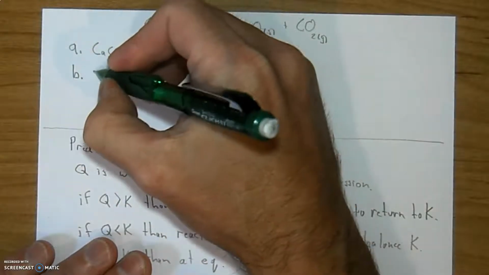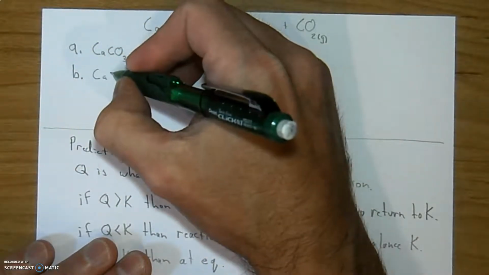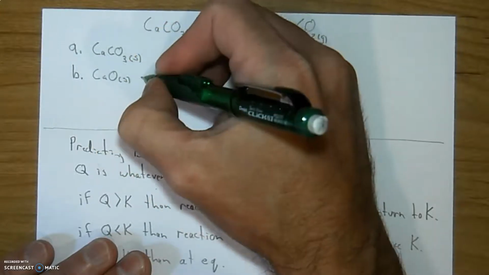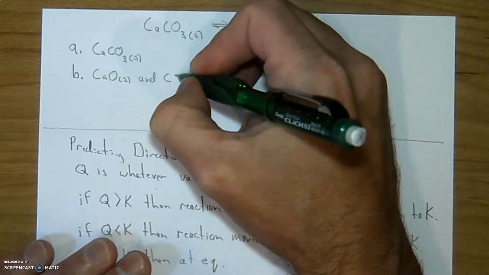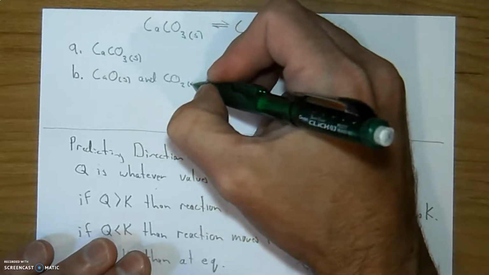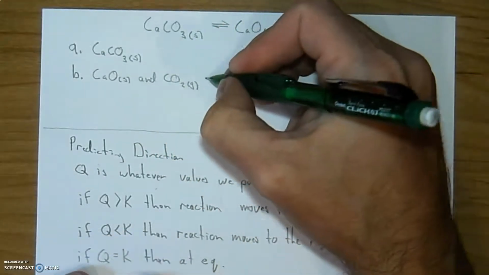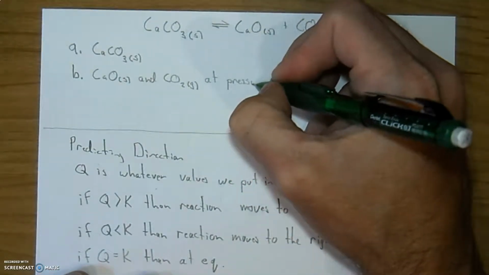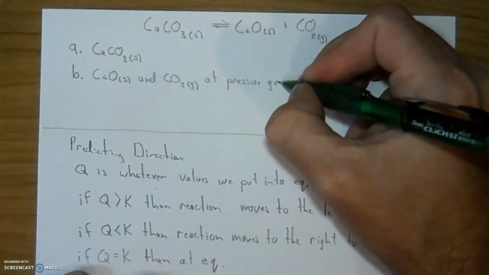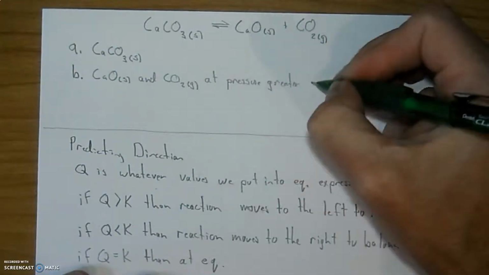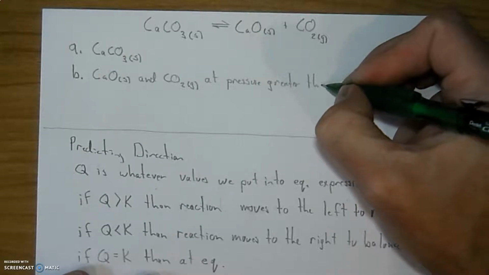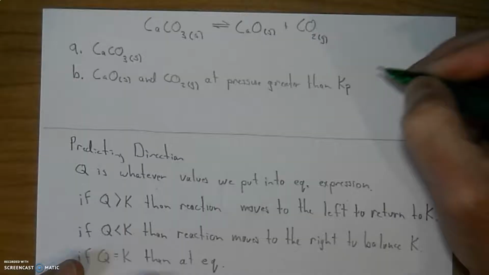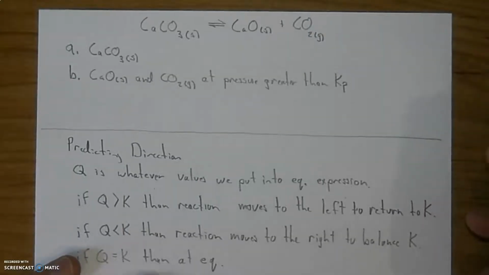Next question. I have calcium oxide, solid, and carbon dioxide, gas, present at some pressure greater than Kp. So the question is, will I establish equilibrium?